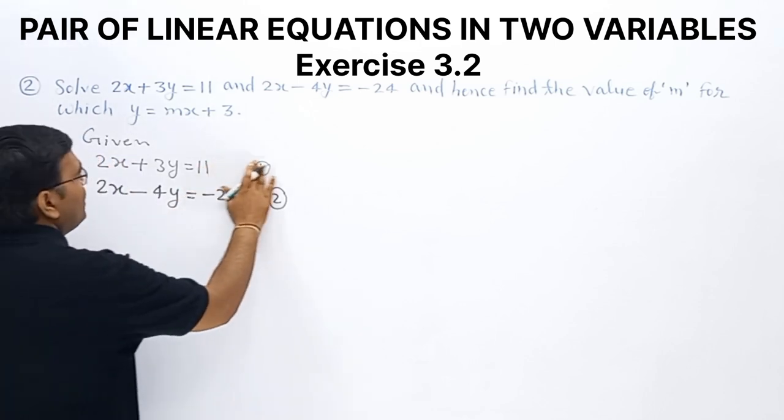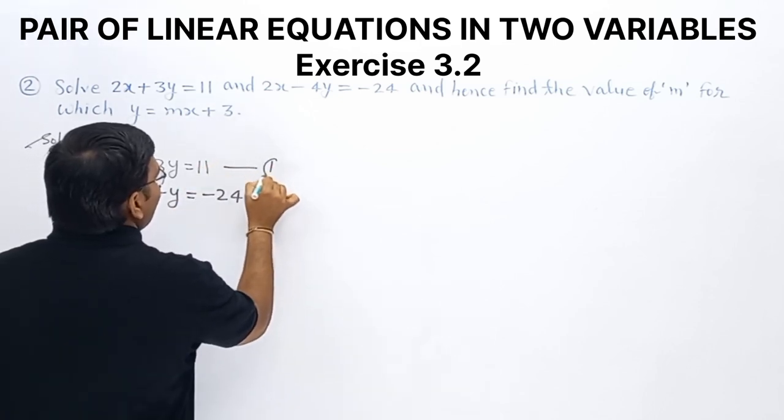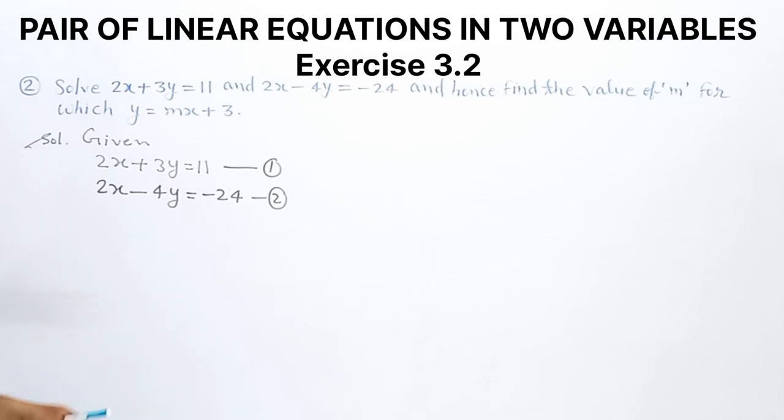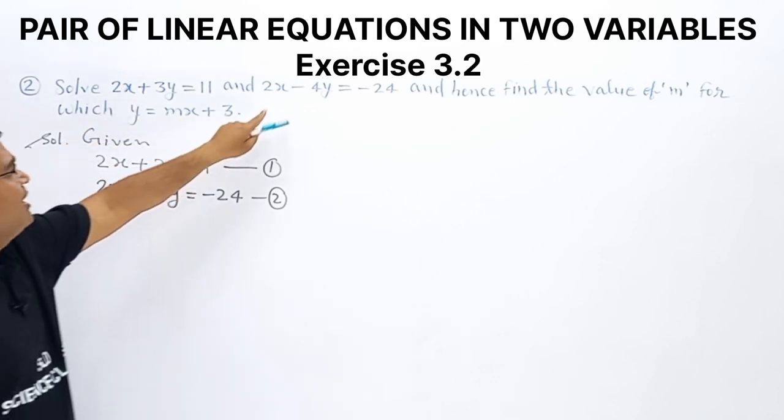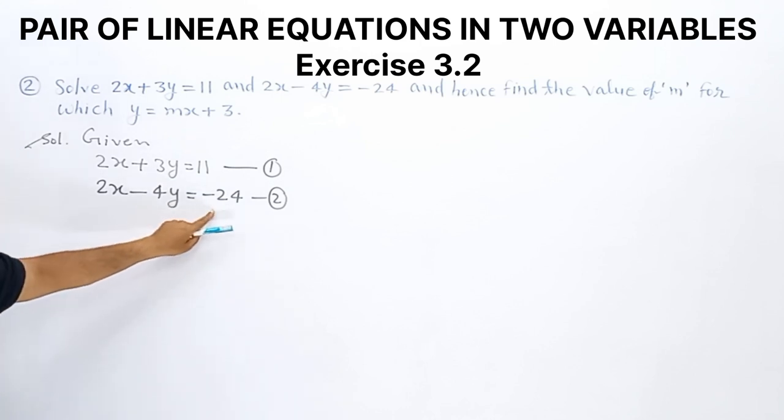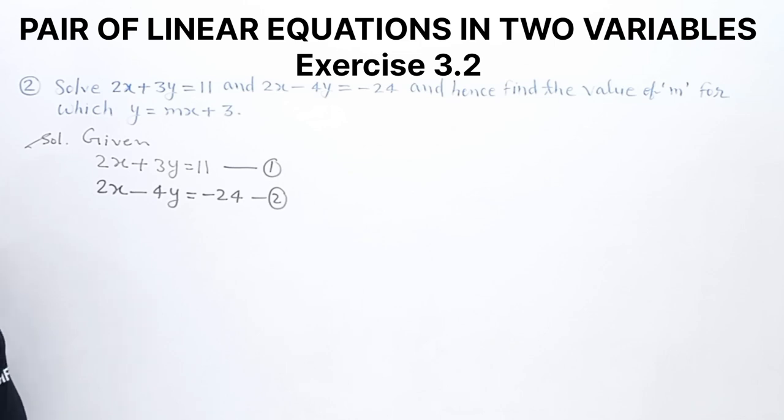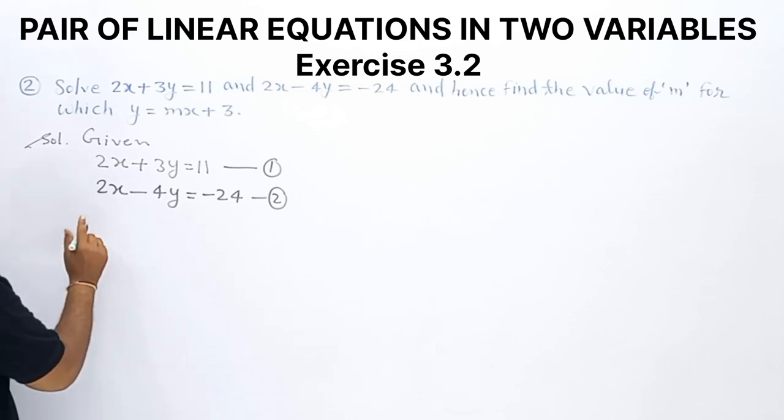Observe what we are doing. In the question, we have 2x plus 3y equal to 11 and 2x minus 4y equal to minus 24. Both are linear equations in two variables.